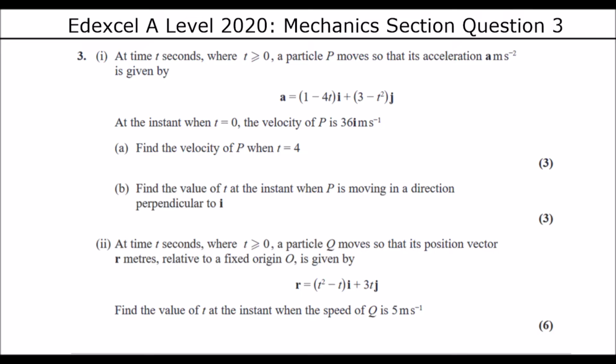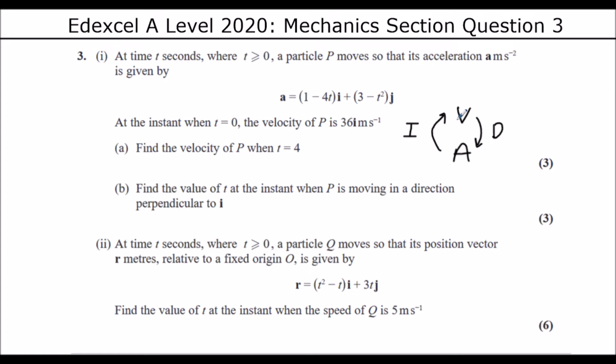To remember that, for a velocity-time graph, if we want acceleration, we find the gradient. So the gradient of a velocity-time graph is acceleration, and to find the gradient, we differentiate. So to go back from acceleration to velocity, we do the opposite of differentiating, which is integrating.